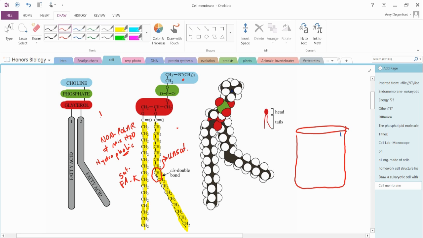Remember, if you had water with the partial charges, partial negative and partial positive, that water molecule is going to be attracted. Here's our positive charge. We've got a negative charge. We've got some partial charges going on. That water molecule is going to be very nice and attracted to this top part. So this top part is polar.